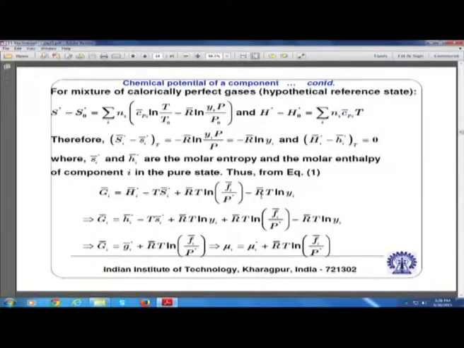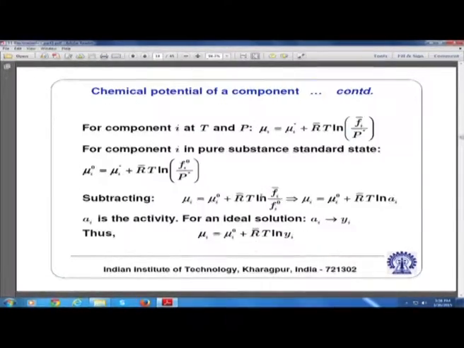So we can see that eventually we got mu I equal to mu I star plus RT ln Fi by P star, and for component I in pure substance standard state mu I0 is equal to mu I star plus RT ln Fi0 by P star. So if you subtract, then you get mu I is equal to mu I 0.